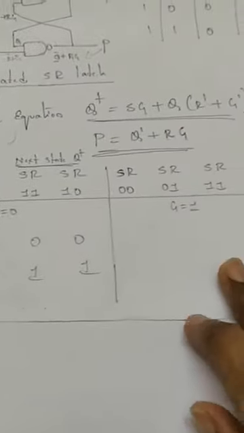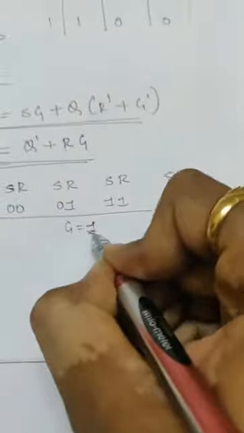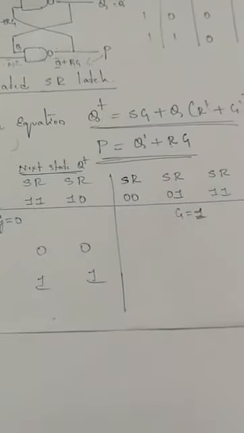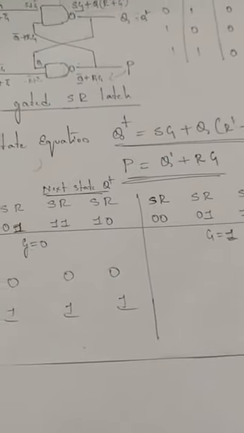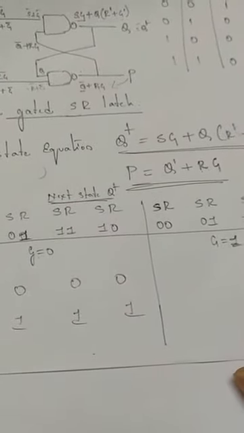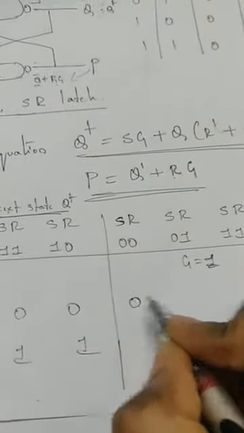Okay, so next, when the gate is open, when G is equal to 1, what happens? The present state is 0. SR 0 0, when S is equal to 0 and R is equal to 0, what is the output? Remember the SR table. It retains its previous state. Present state is nothing but the previous state, Q, so it will be 0 itself.